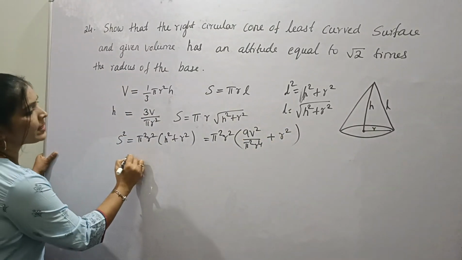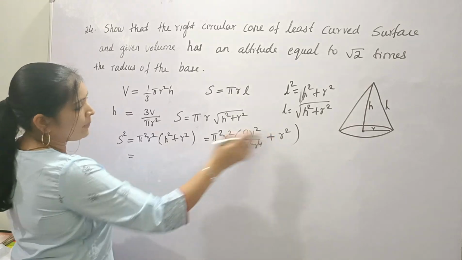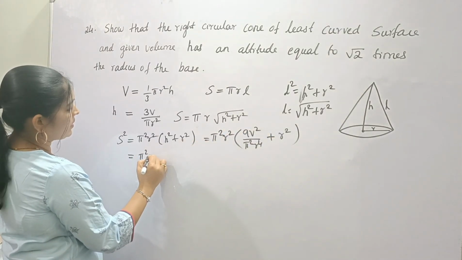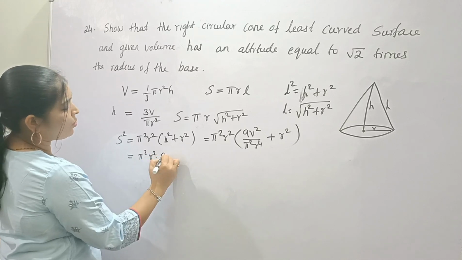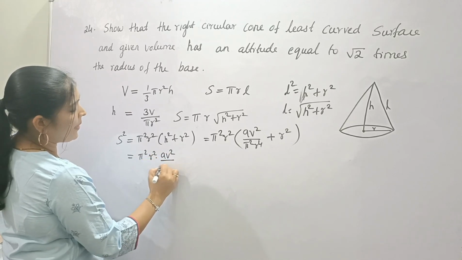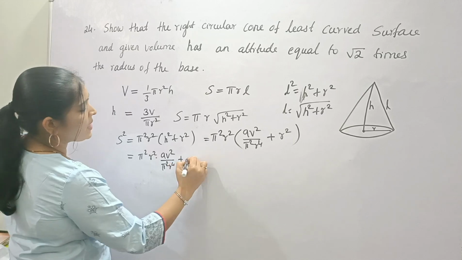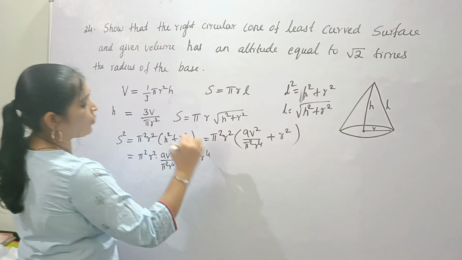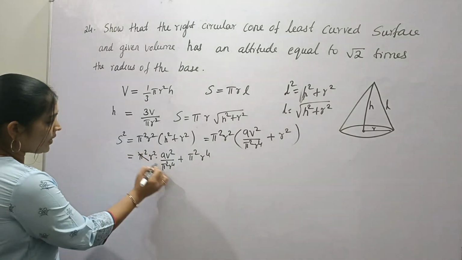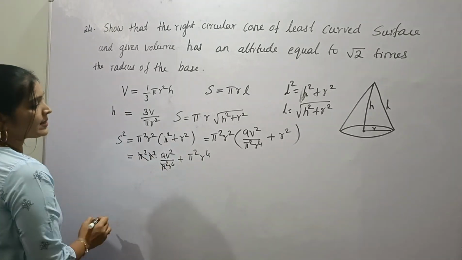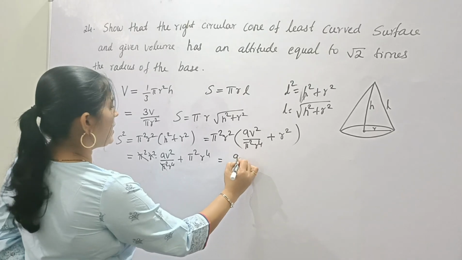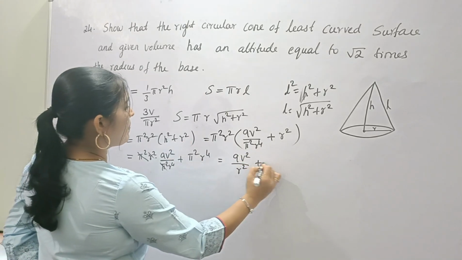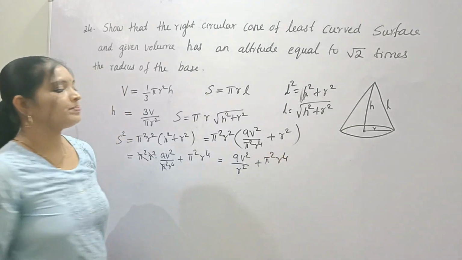Then here let's multiply: pi square r square into 9v square divided by pi square r raised to 4, plus pi square r square into r square, that is r raised to 4. So here pi square cancelled, r square cancelled, so remaining, that is 9v square divided by r square, plus pi square r raised to 4.